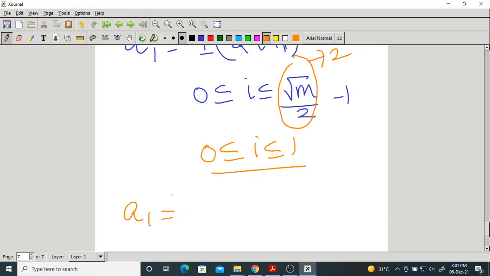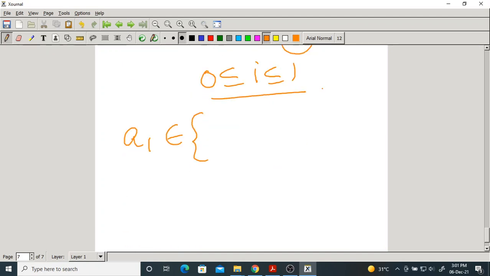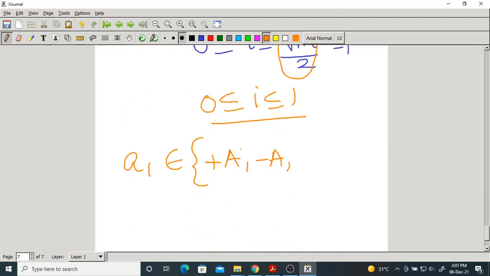A1 values are plus A, minus A. When i equal to 1, it is plus or minus 3A: plus 3A, minus 3A.